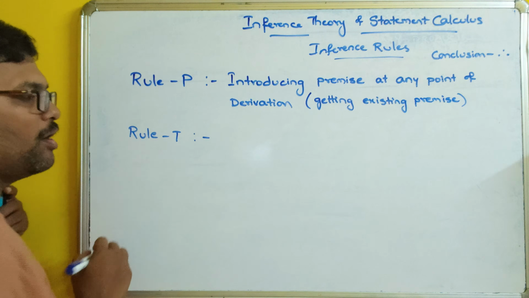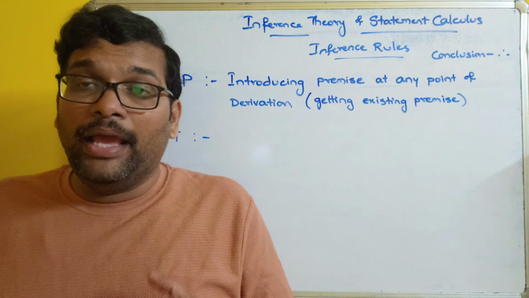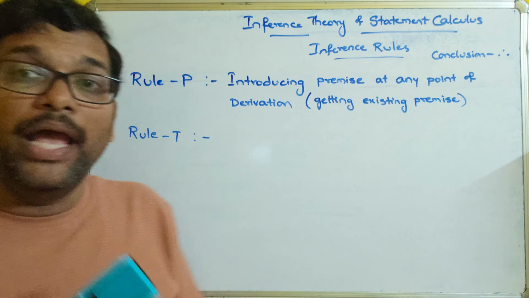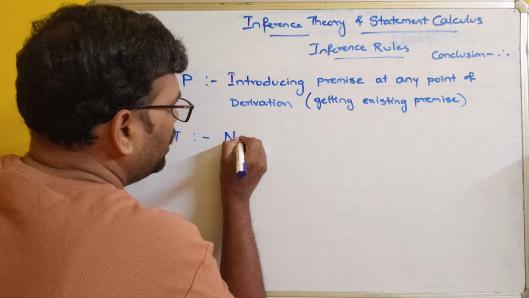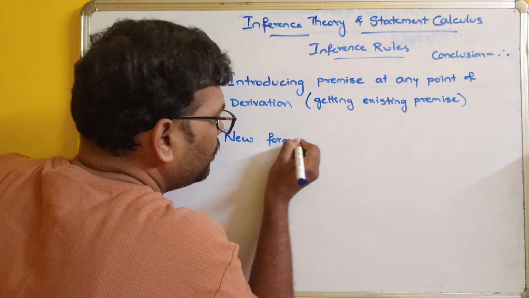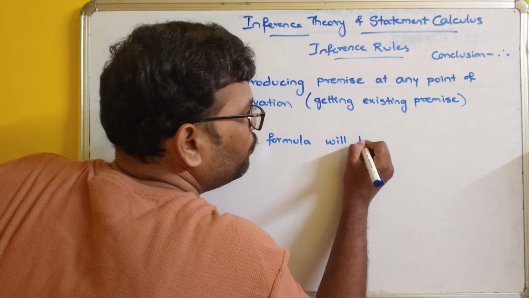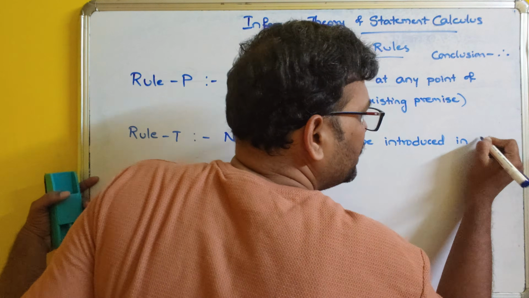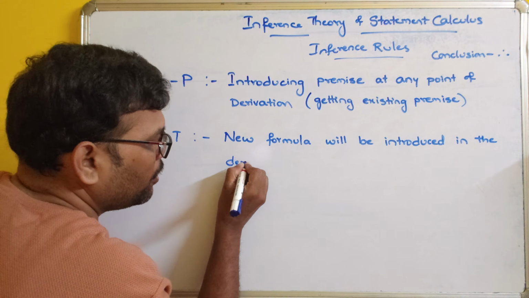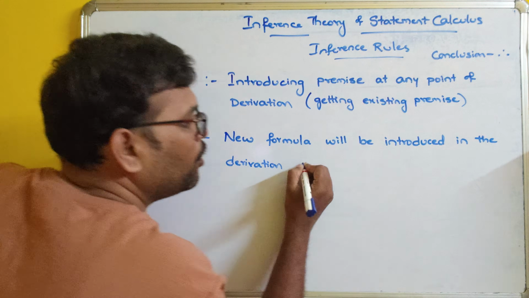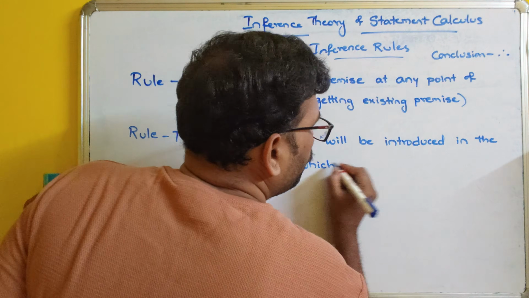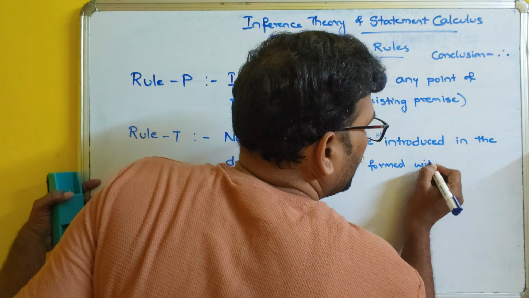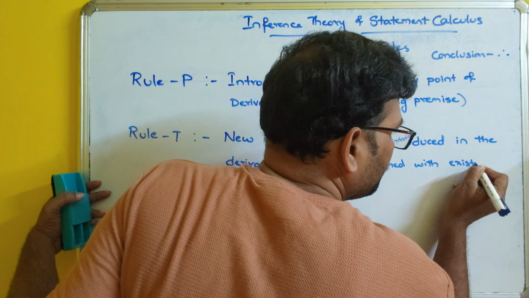Rule T. What is meant by rule T? Here a new formula will be derived from the existing premises. So a new formula will be introduced in the derivation, which is formed with existing premises.